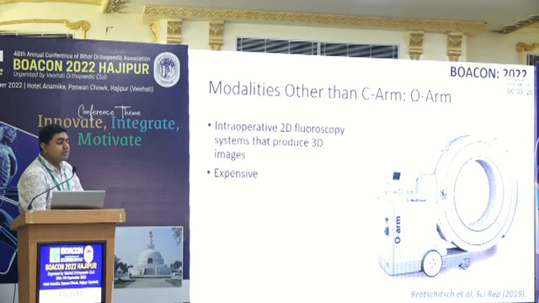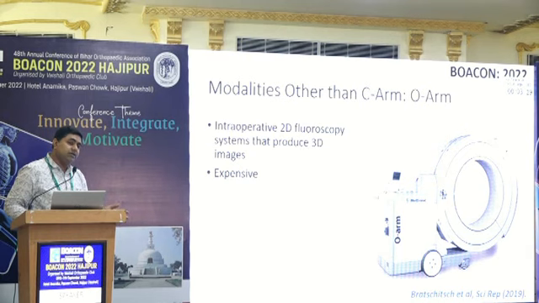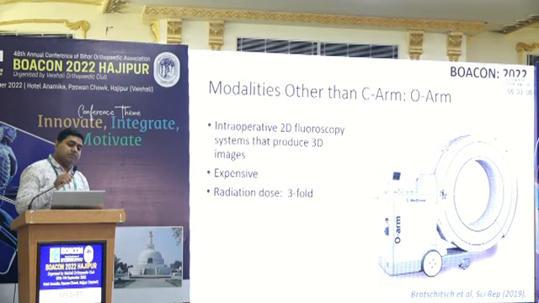There are other inventions like the O-arm, which takes a 3D image on the basis of two fluoroscopy images, AP and lateral, and makes a 3D picture based on that. It is a bit expensive, but the radiation dose is just threefold of the fluoroscopy.